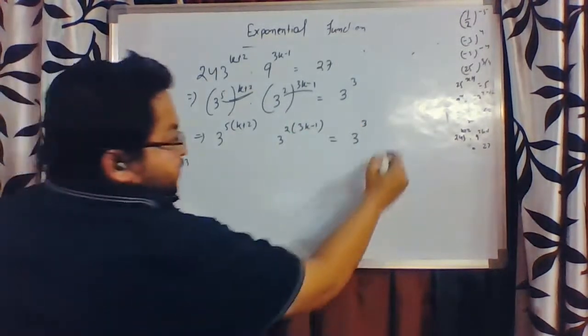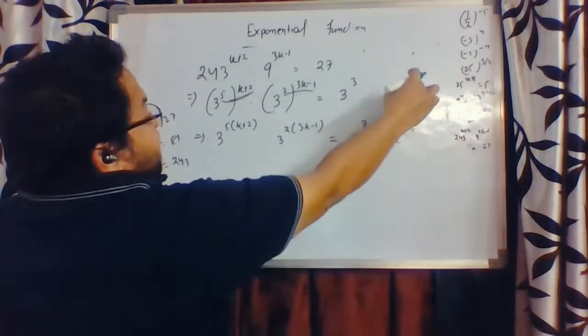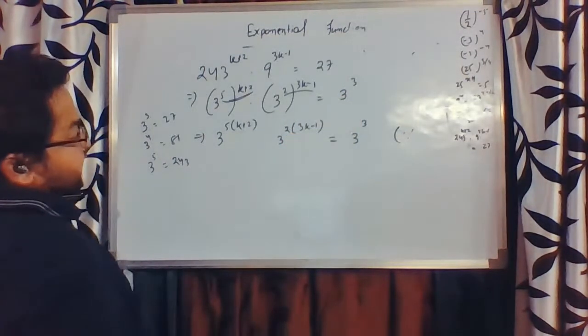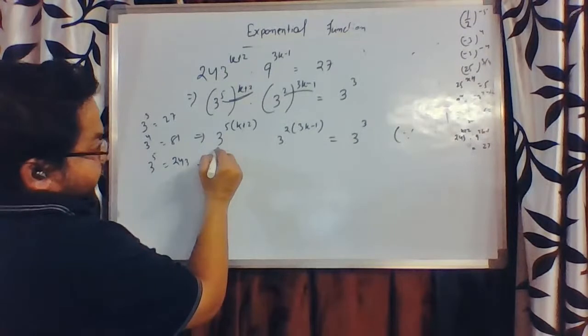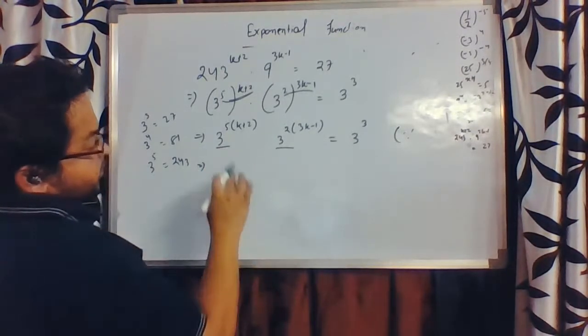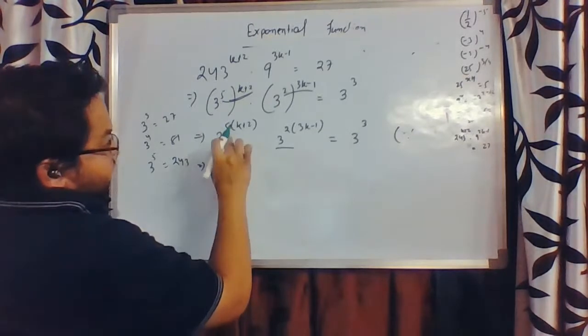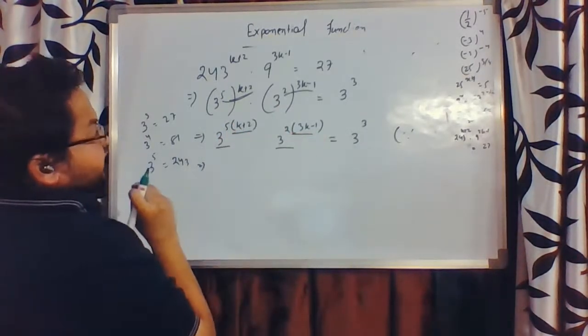And again, write down the reason: a to the power m to the power n is nothing but a to the power mn. We applied that property there. Now, the next one: here your bases are the same and the two exponentials are multiplied. So obviously, I need to add the indices to condense it to one base, right?